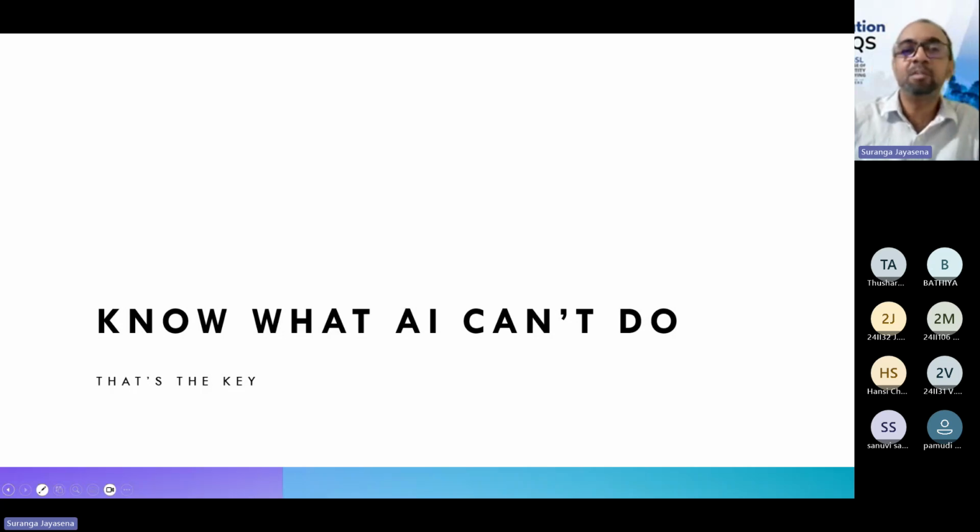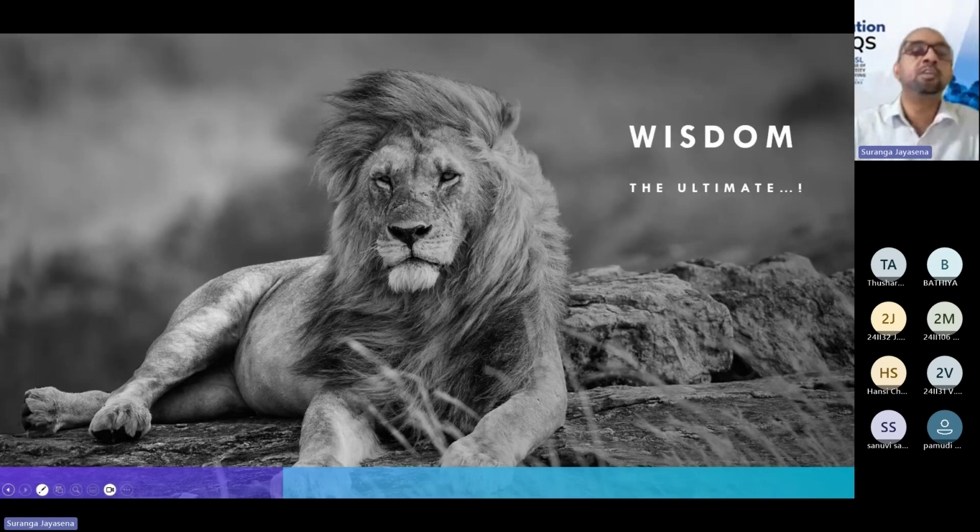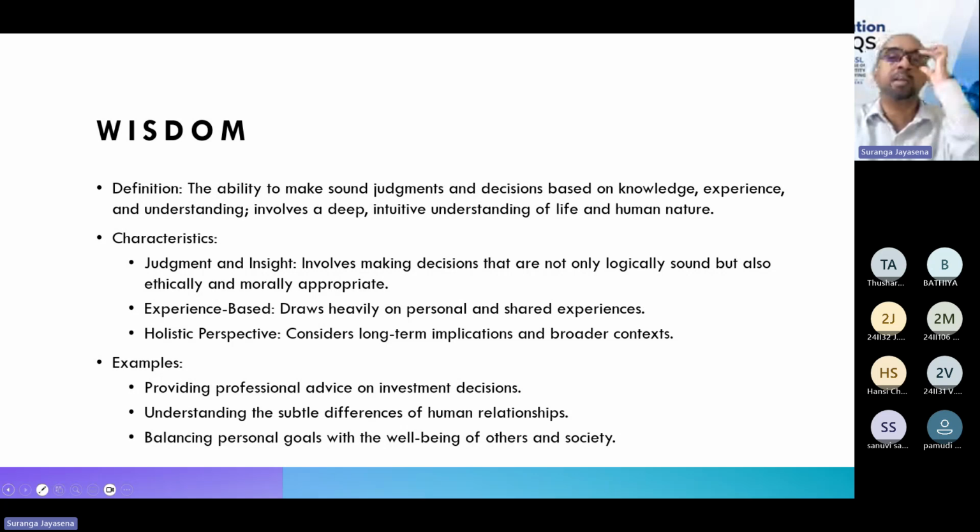Then I skip this, wisdom, the ultimate. Wisdom is defined as the ability to make sound judgments and decisions based on knowledge, experience, and understanding. It involves a deep, intuitive understanding of life and human nature. So this is not only having the understanding but making sound judgments.